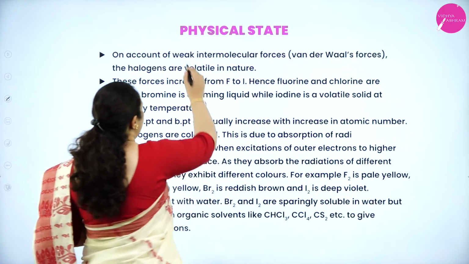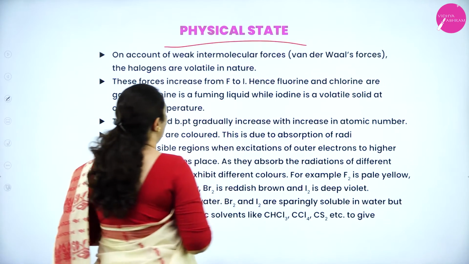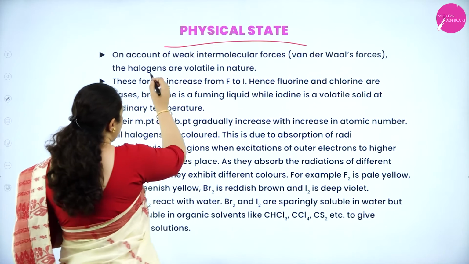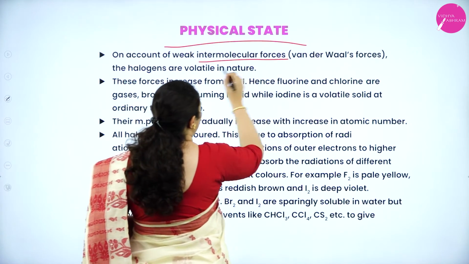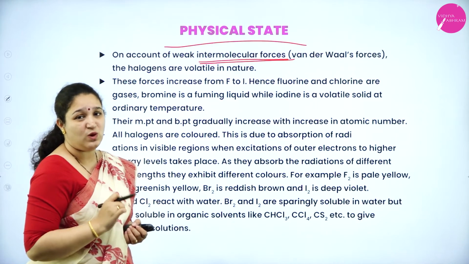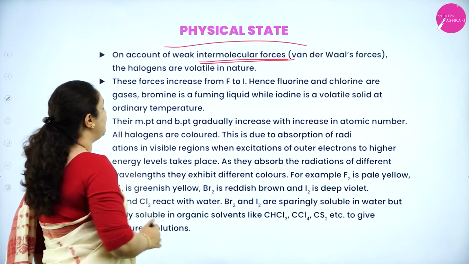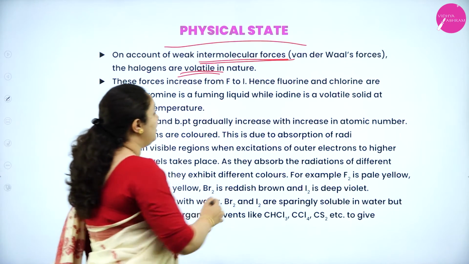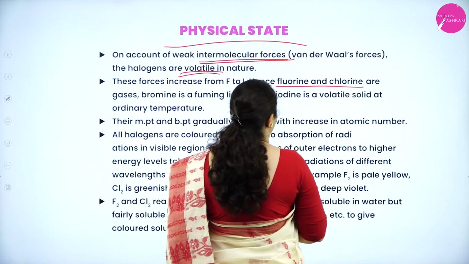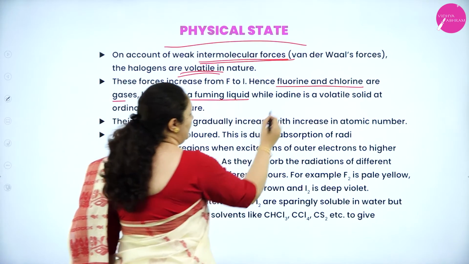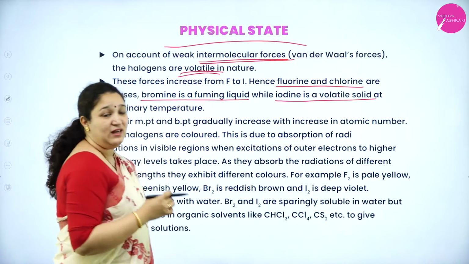Next we have the physical state. Between the molecules of halogen, there is a weak intermolecular force of attraction, that is van der Waals attraction. So most of them are volatile in nature. Fluorine and chlorine are gases, bromine is a fuming liquid, and iodine is a volatile solid.